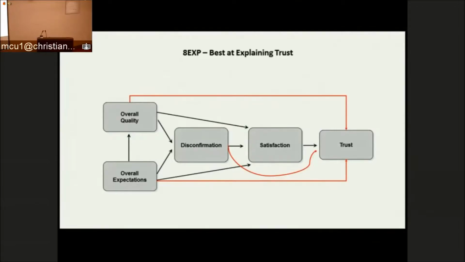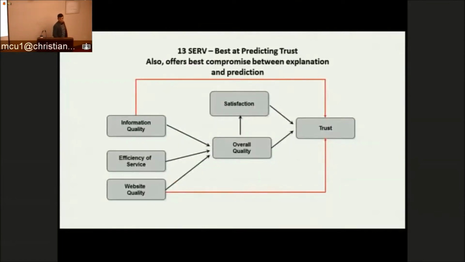The red paths are the ones that I added later. This model seems to do the best in terms of explanation, parsimony, and in-sample prediction. But when I look at out-of-sample prediction, 13 served does it the best. Again, the black lines are the original model, and the red lines are the additional lines when I created the alternate model specifications. So this model is really good at prediction also.